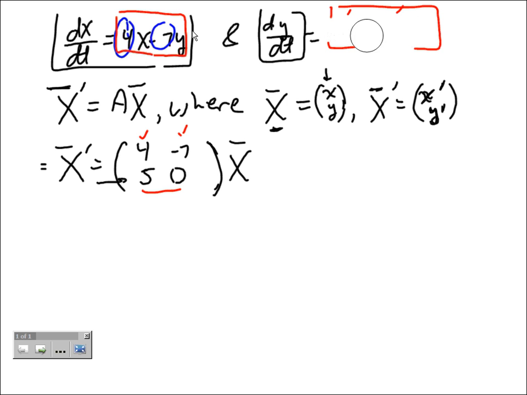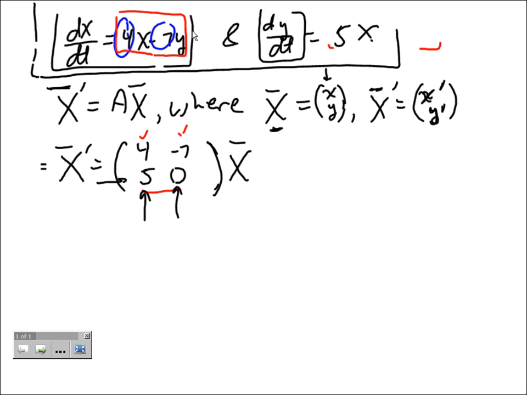Of course, if this had just been 7y, we'd have to realize that it's 0x plus 7y, so I would put the 0 there and the 7 there. But it wasn't that, it was just 5x. So I wrote this system of equations in matrix form.